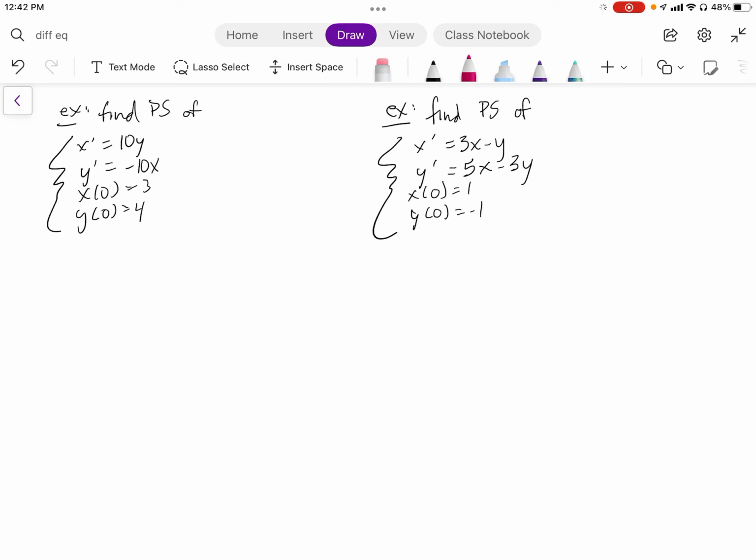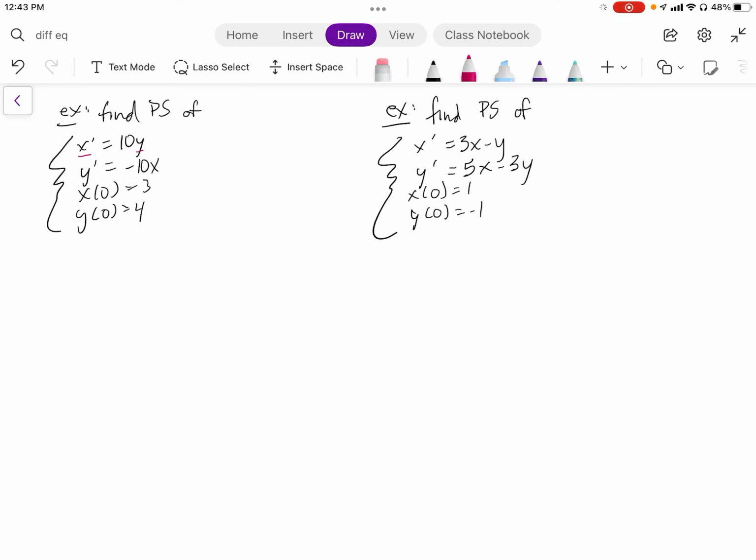But in this first example in particular, the derivative of that function x of t is equivalent to 10 y of t. And then likewise, if we took the derivative of the function y of t, it is negative 10x. So they're related to each other in that term.